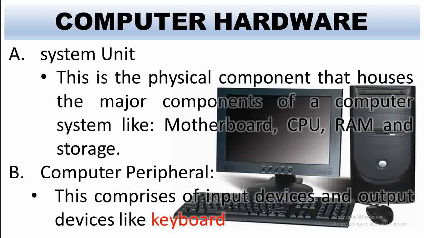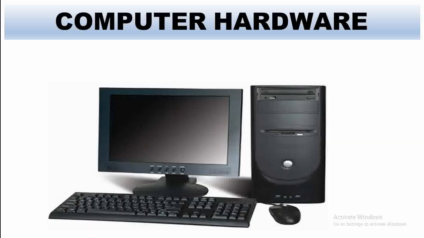For example, we have the keyboard, we have the mouse, and we have the monitor. All those three serve as either input device or output device to a computer system. Now let's look at them.